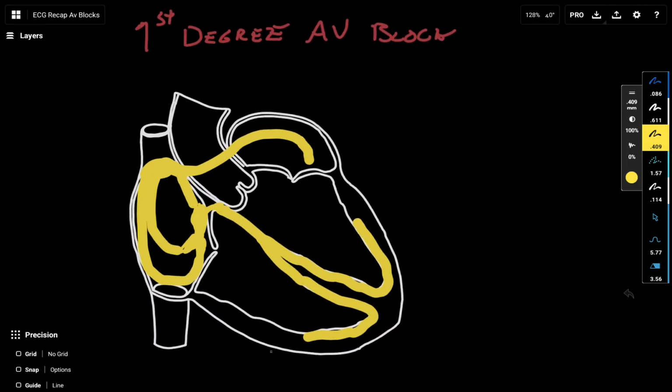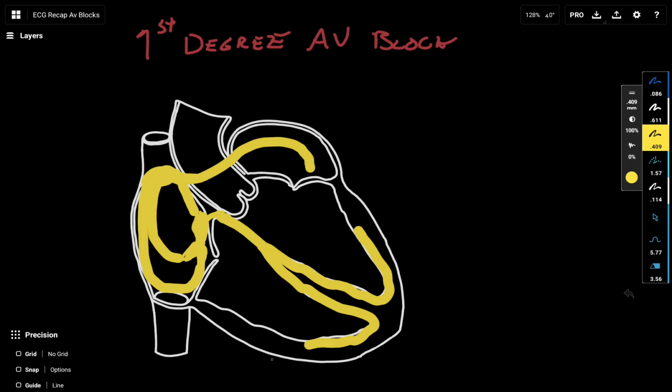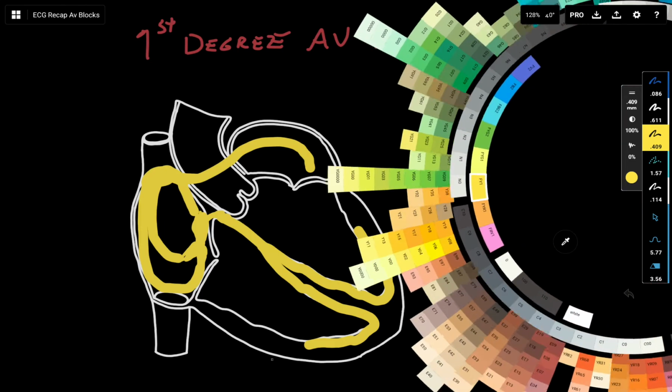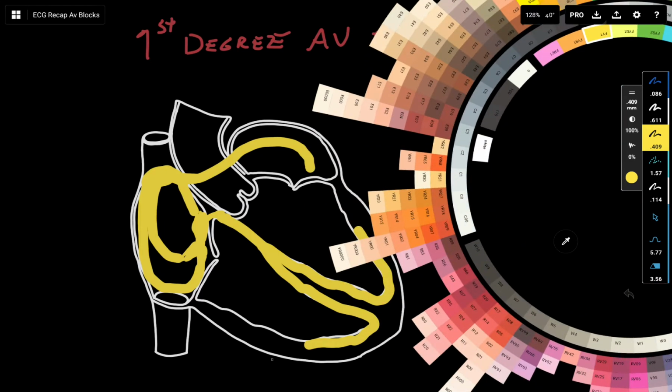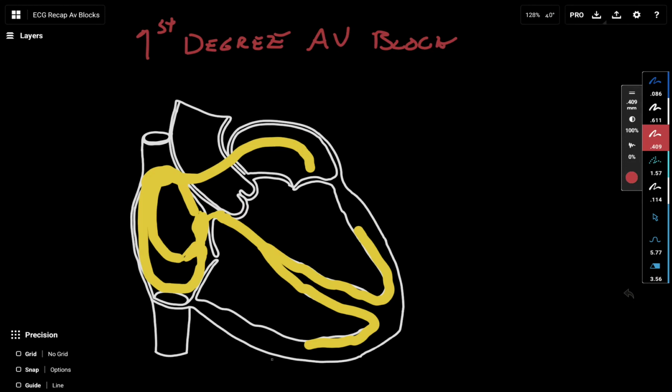So first AV block, it will obviously be our first degree AV block. So what is a first degree atrioventricular block? The first degree atrioventricular block is simply when there is a delay without any interruption in conduction from atria to ventricle.